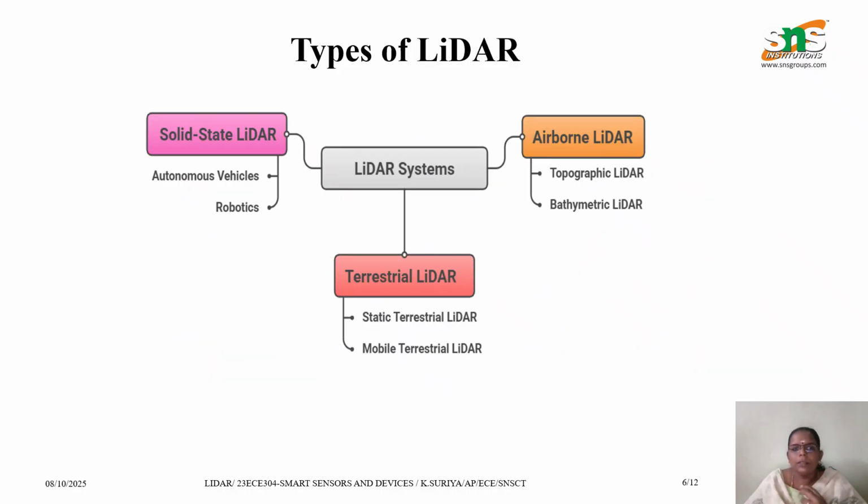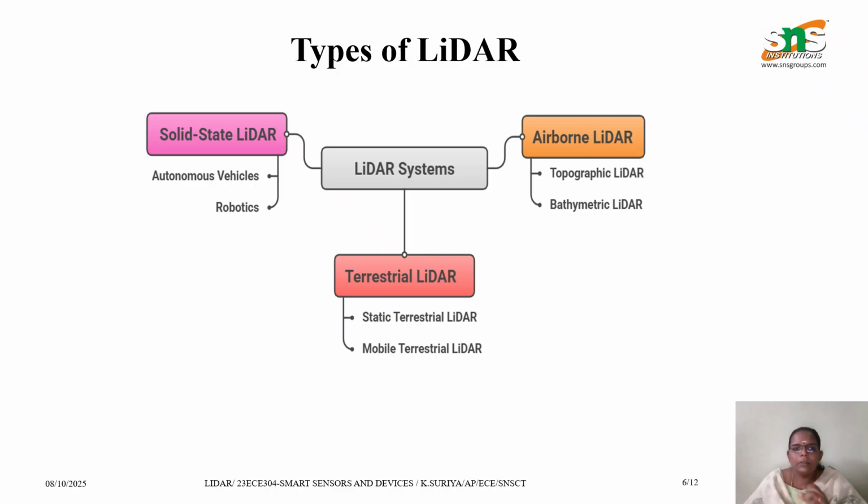Next are the different types of LiDAR systems, which are broadly classified on several factors including platform, scanning mechanism, and wavelength. The basic three types are airborne LiDAR, terrestrial LiDAR, and solid state LiDAR. The airborne LiDAR is mounted on aircraft such as airplanes and helicopters to survey large areas quickly.